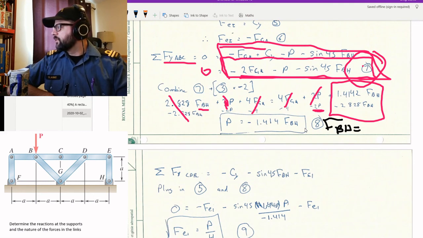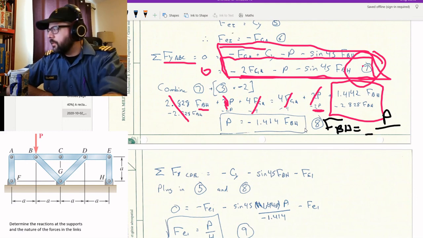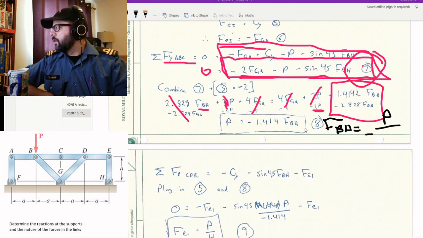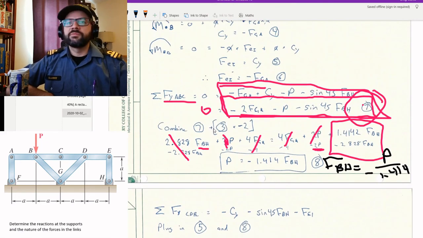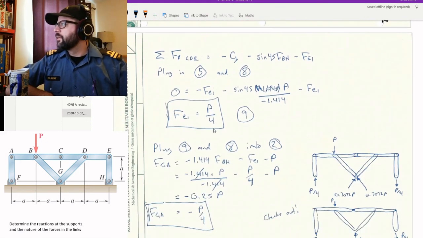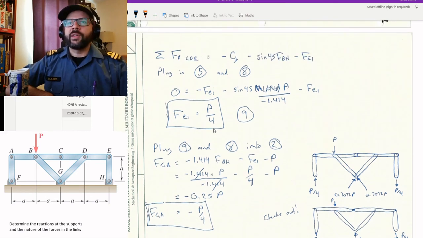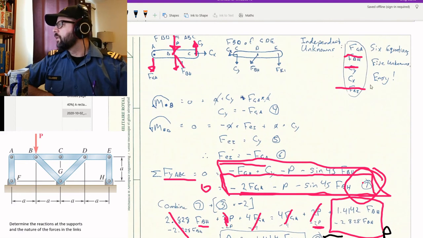FBH is equal to P over negative 1.414. So yeah, we got the first actual force of the link, just in terms of P. We're making progress here.